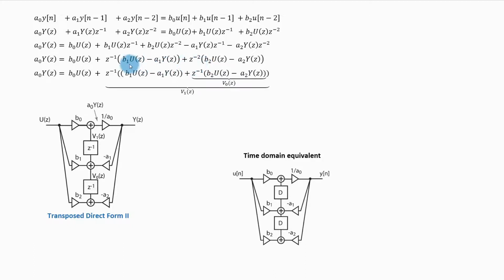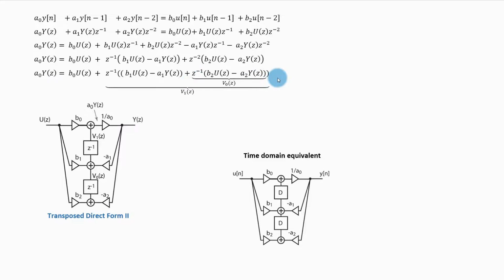Now, I will take this expression, once more, this expression, and I will put it into bracket like this, and I will multiply this bracket by z to the minus 1. When I do that, here I need to multiply only by z to the minus 1 instead of this z to the minus 2. Now I can use this equation to draw that different form of the schematic.